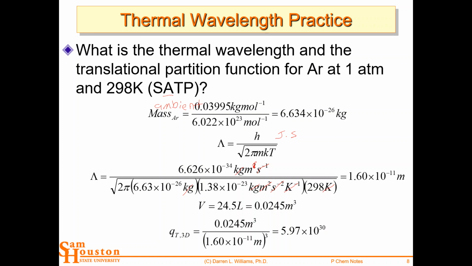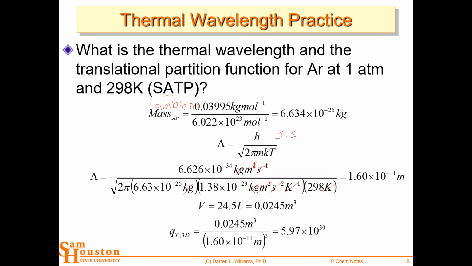So this is what I was saying. It gives you the idea of how many translational energy levels are populated at room temperature. It's going to be plus or minus quite a bit. It's a smooth function. So there's a lot of energy levels populated in translational motion.